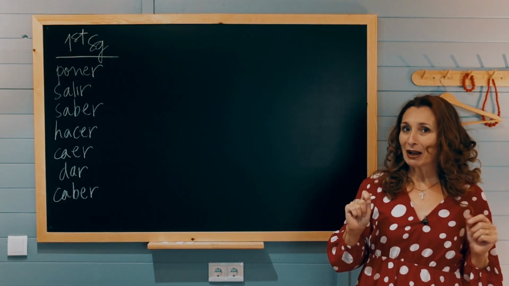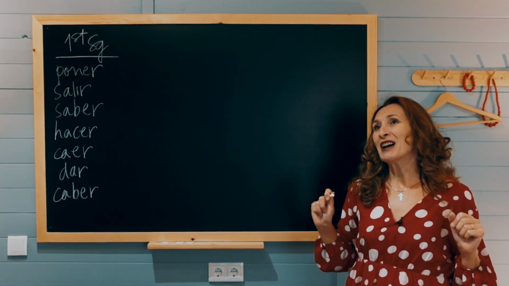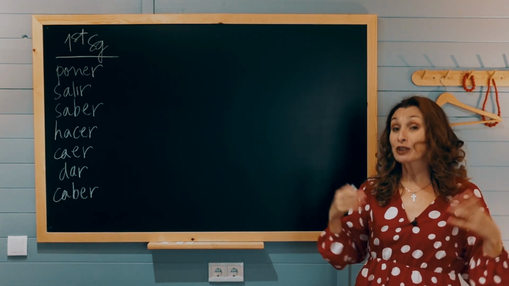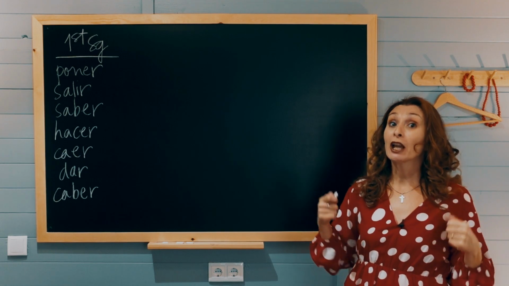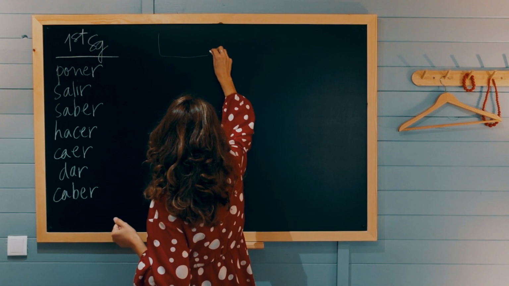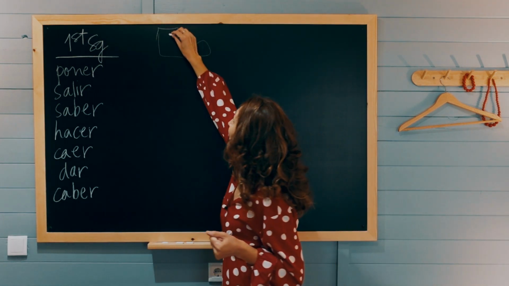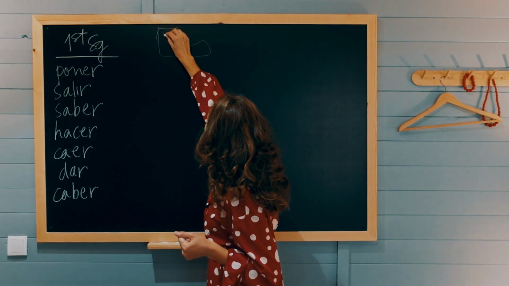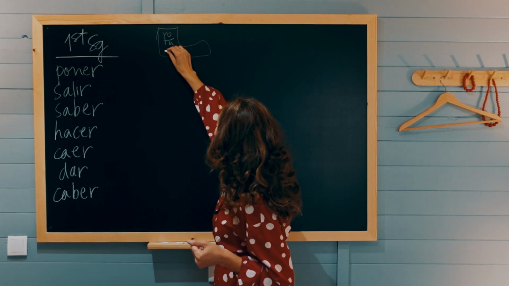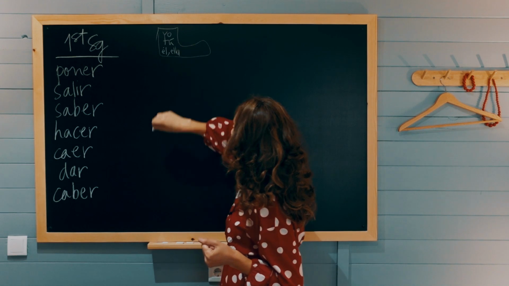And in this case, it's not just the first person singular that gets affected. Here we are talking about one of my favorite tools to help you with Spanish conjugations, and it's the so-called boot, okay? So I will just draw a boot here, and a boot basically represents first person singular, second person singular, and third person singular.